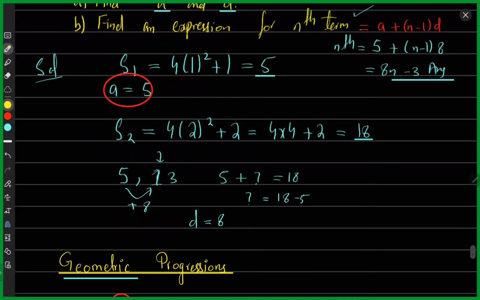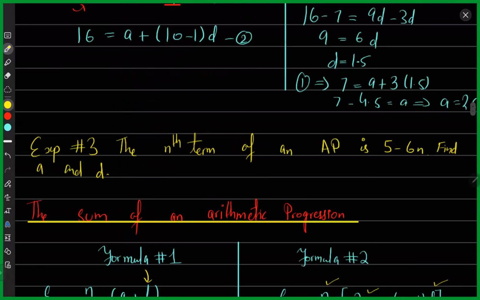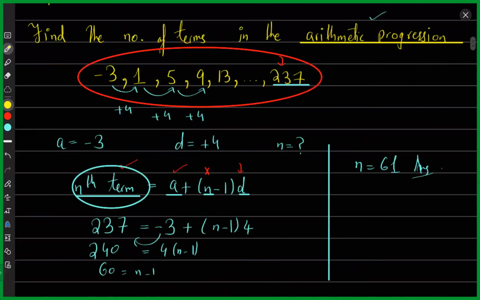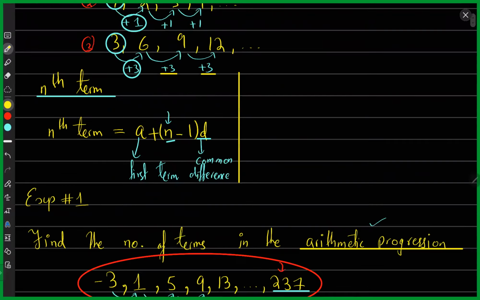If I quickly go back to what we discussed in the beginning of arithmetic, here it is. Plus 2, plus 2, plus 2 was fixed. Then plus 1, plus 1, plus 1 was fixed. Then plus 3, plus 3, plus 3 was fixed. And here plus minus was fixed.